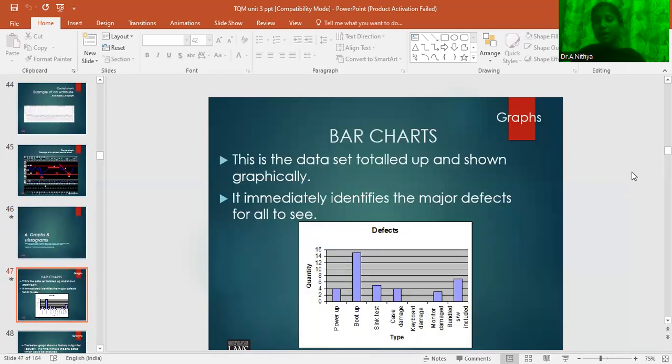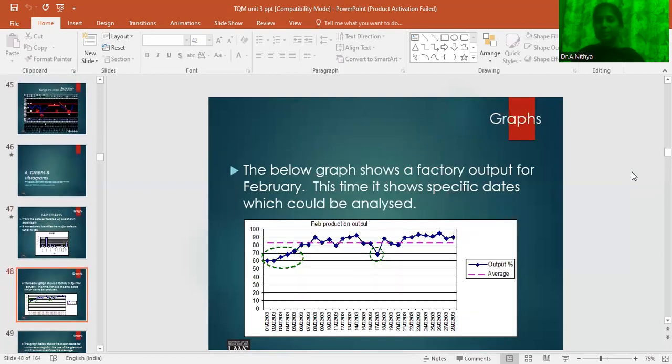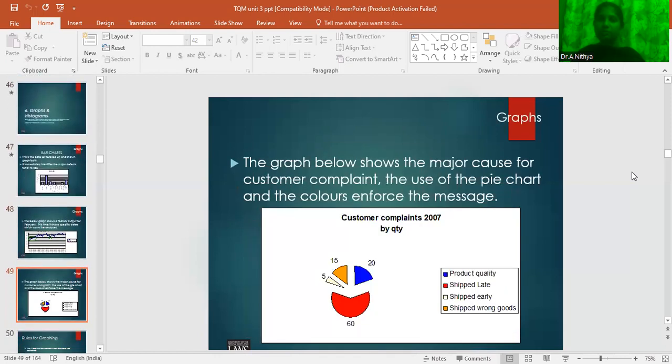So this is the bar chart. In the x-axis and y-axis, you can see the parameter type and quantity. So this is the data set totaled up and shown graphically. So it is a pie chart.